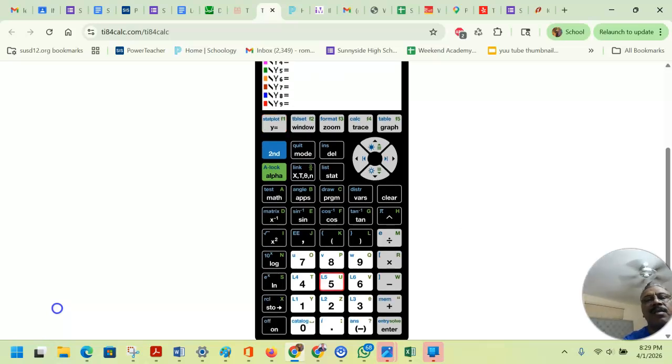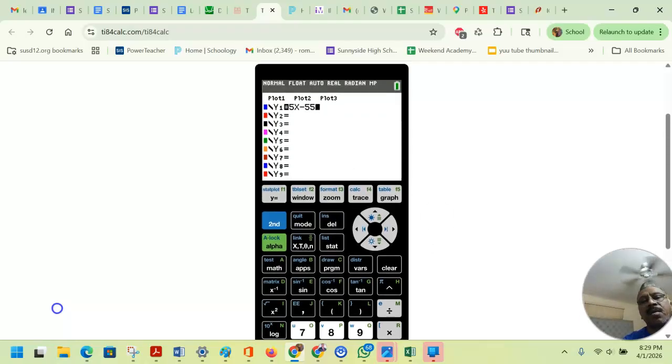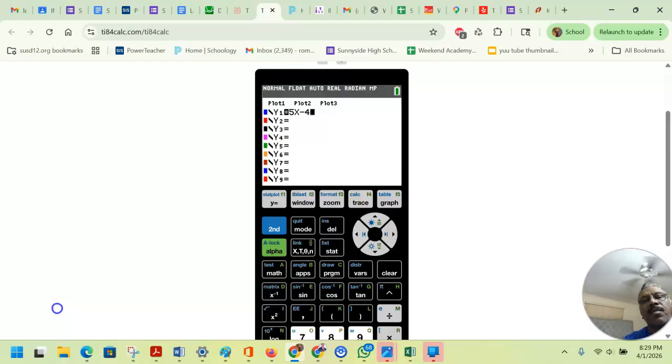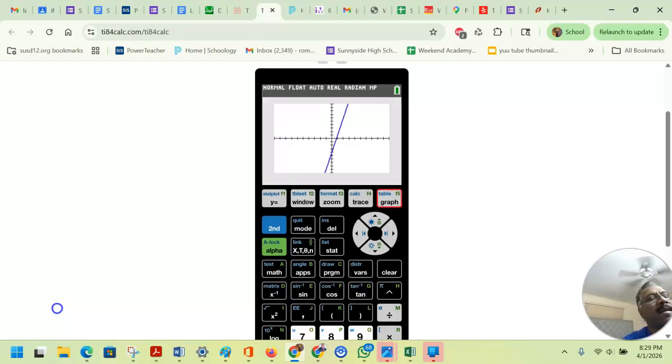So click 5, then click this x minus, I think plus 5, minus 4, sorry. So it will be minus 4. So I'm going to go back, delete, and put a 4 there. Okay. So, and then we can graph. And so clearly that's the line.